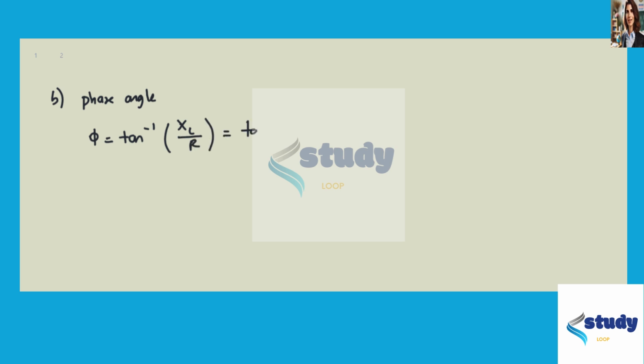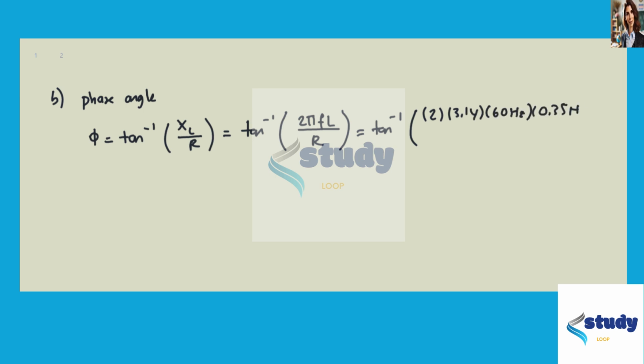So then we can plug in 2 pi f L for the inductive reactance divided by the resistance, right? So inverse tangent of 2 times 3.14 times 60 hertz times 0.35 henries divided by 2.8 times 10 to the power 3 ohms.